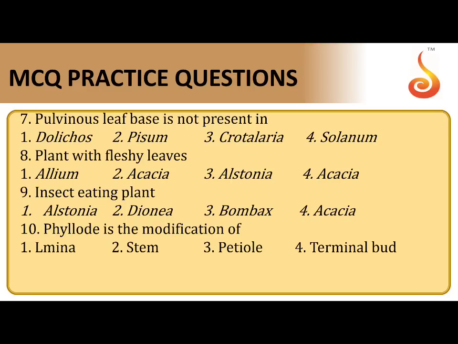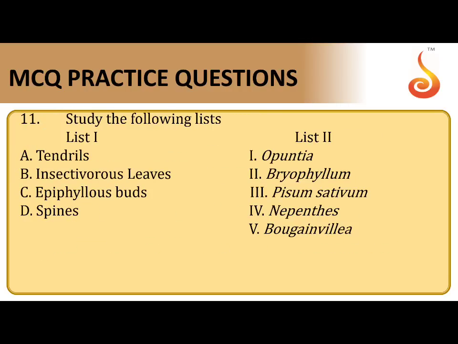I think we have one extra example, Acacia being repeated. Question 9, insect eating plant. 1. Aloe, 2. Dionaea, 3. Bombax, 4. Acacia. Question 10, phyllodes is the modification of lamina, stem, petiole or terminal bud.